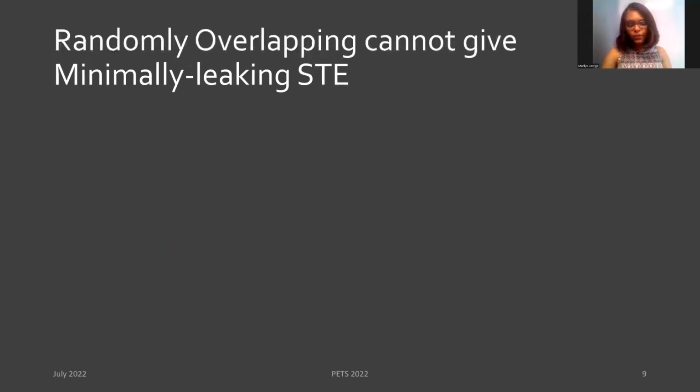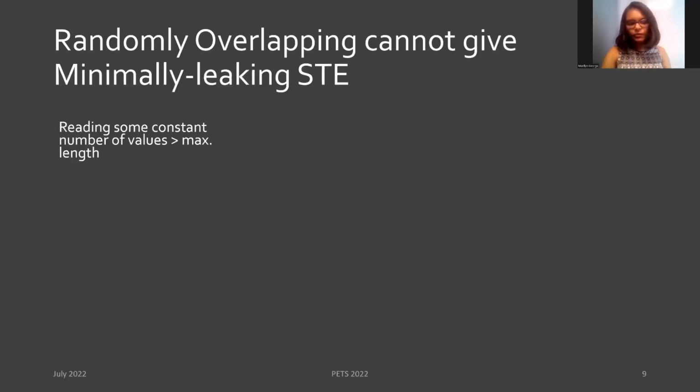And then we go on further to show that if you use parts of other responses instead of padding, these parts of the other responses cannot be sampled completely at random, because that cannot give minimally leaking. So we're now relaxing the read efficiency a little bit.